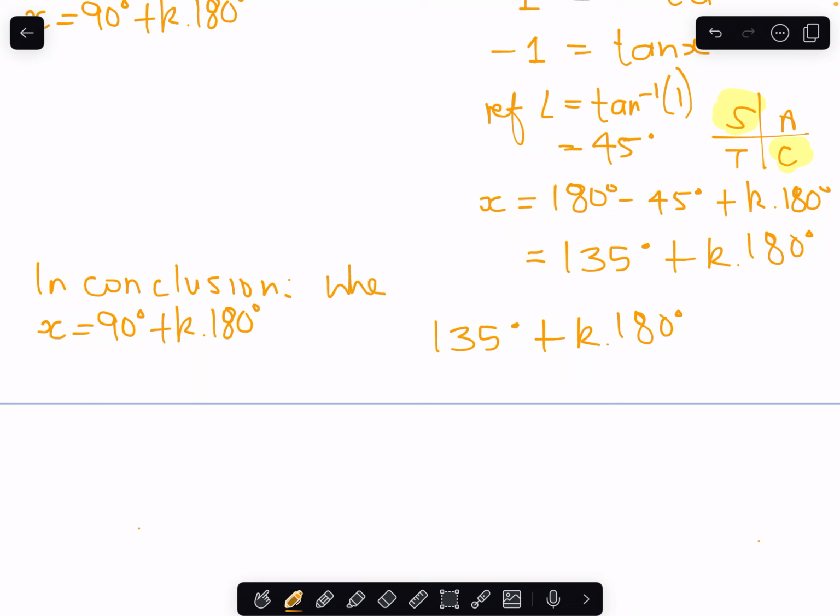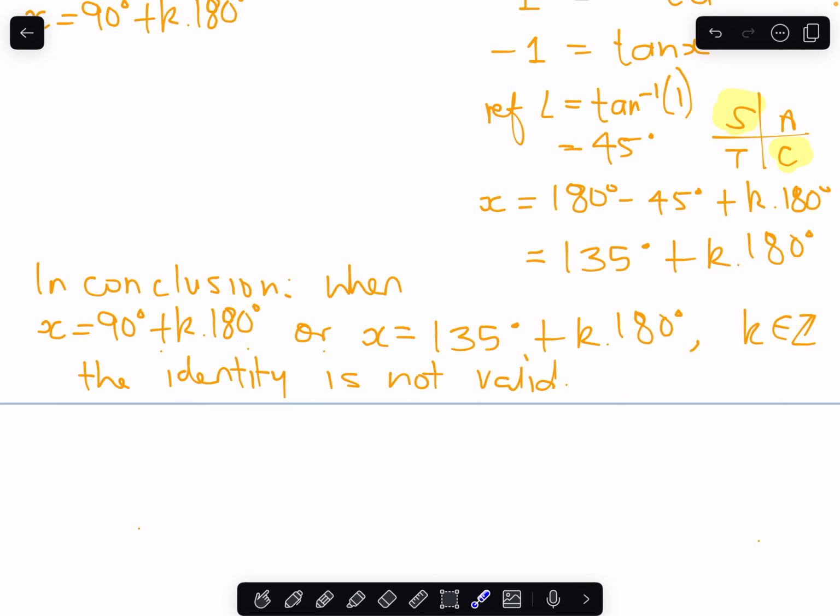So in conclusion, when x is equal to this or x is equal to this, where k is some integer, the identity is not valid. And we can check this. So let's just take a sample from each set of x's.